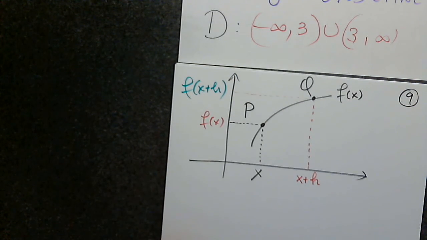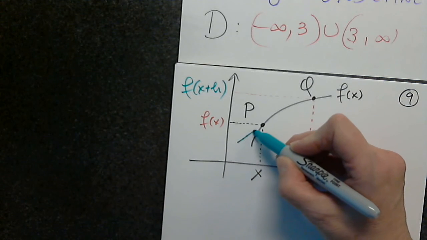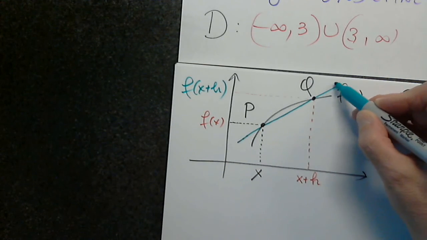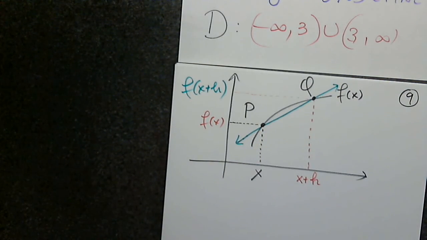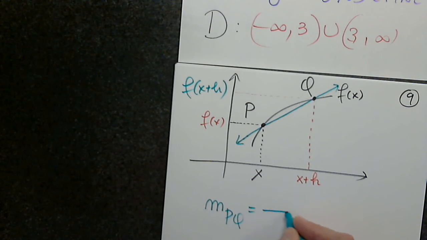Now I would like you to create a line passing through P and Q. And I would like you to give me the slope of this line, PQ. Can anyone dictate the slope of the line PQ? You have the coordinates, you remember the slope.